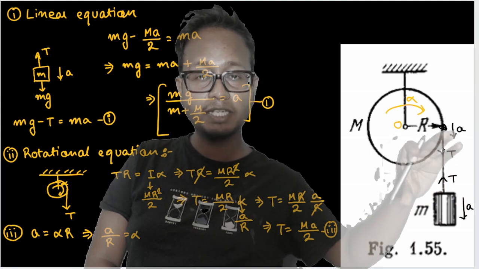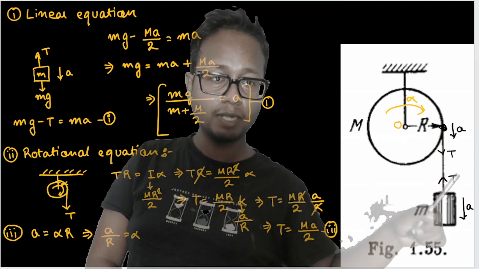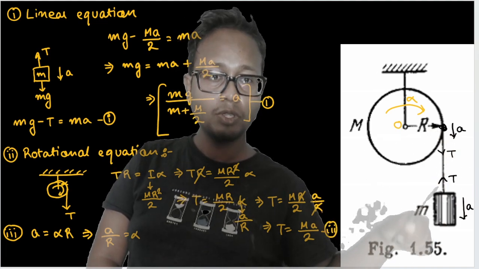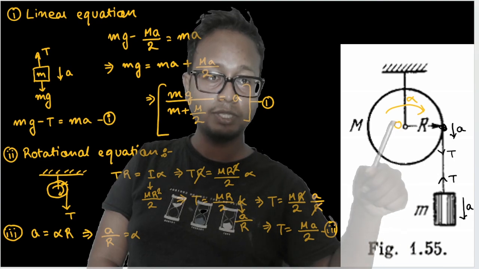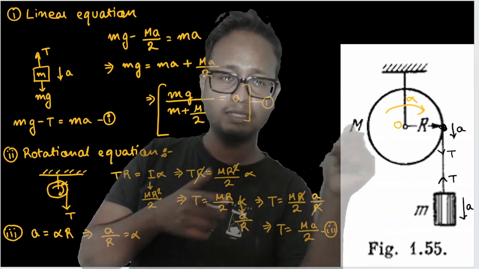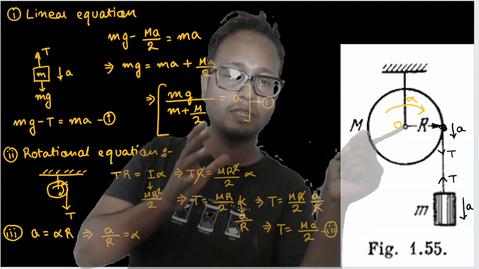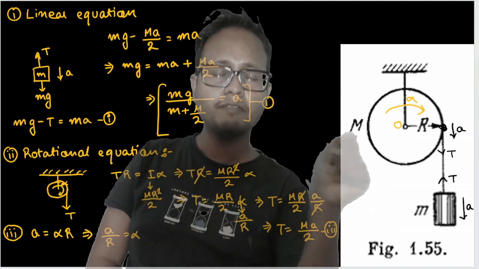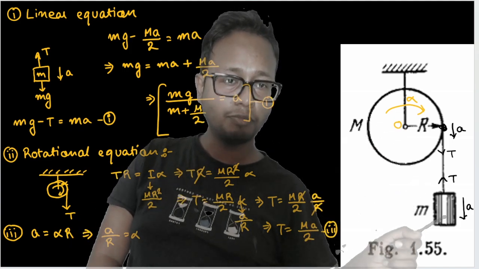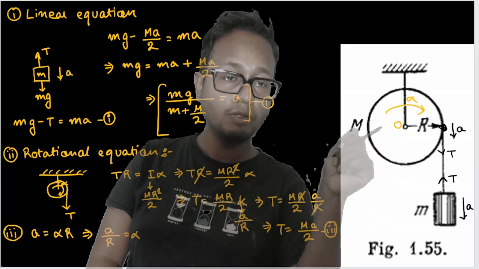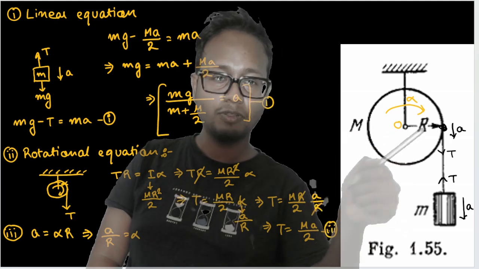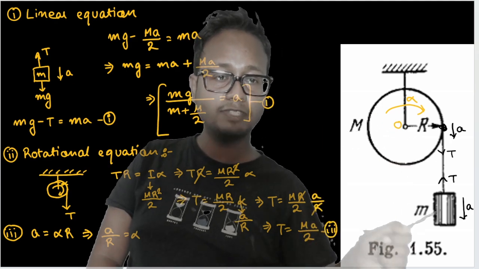That means the total work done by tension force would cancel out itself. The work done by this tension force on this block would cancel out the work done by this tension force on this pulley. You might say, sir, out here this tension force is being studied as a torque, and that torque is doing work. Fair and fine. The work done by tension force on this block is being cancelled out by torque by this tension force on this pulley. Both the work will have same value.